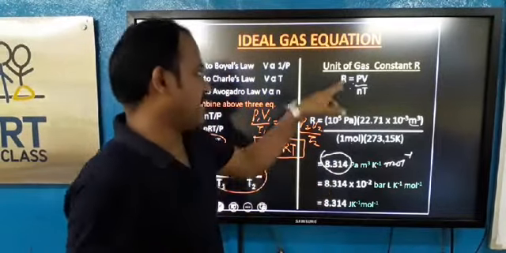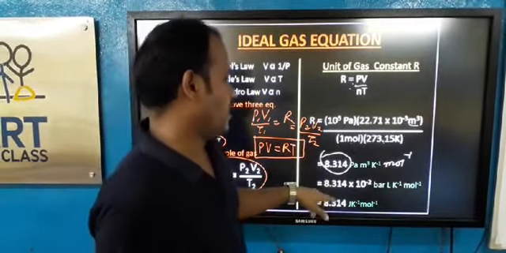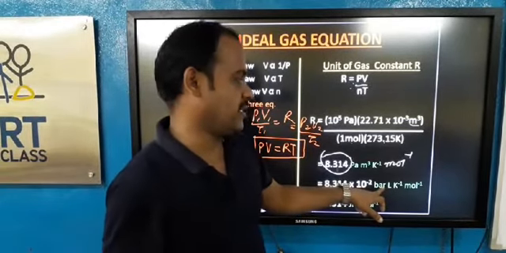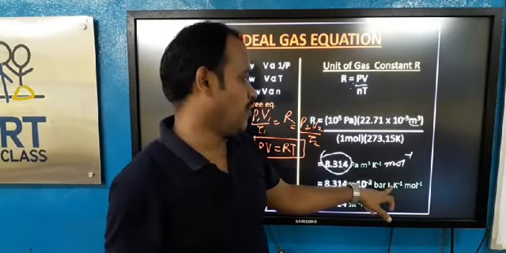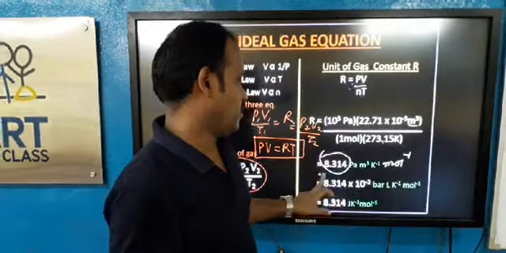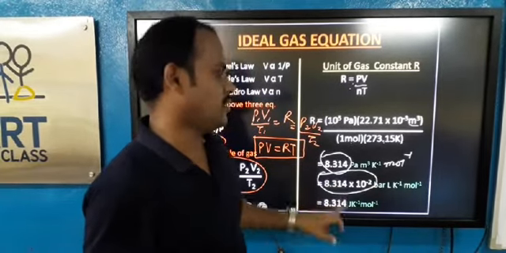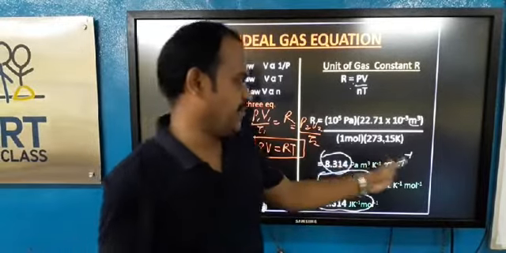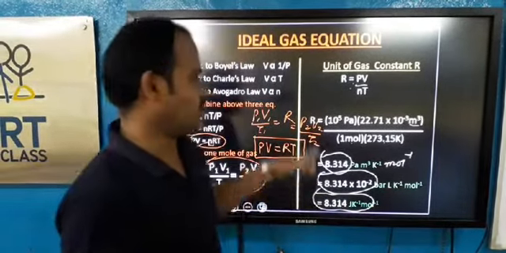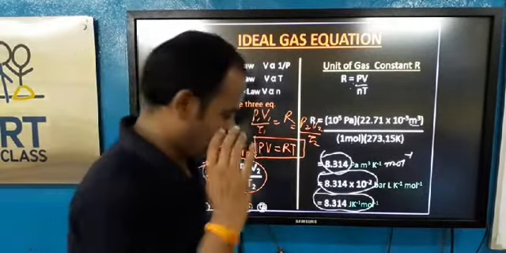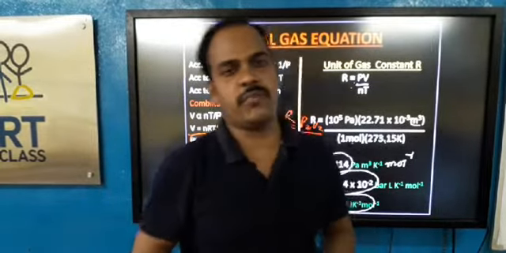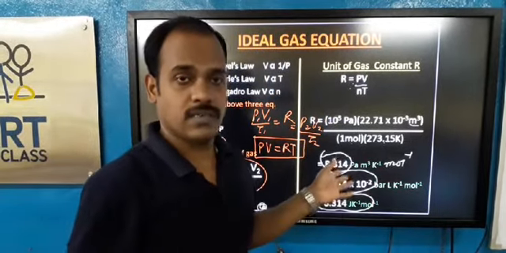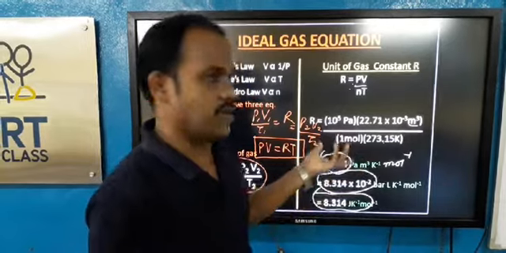If you take different values, pressure in terms of bar and volume in terms of liter, then the value of the gas constant will be different, and this is the third value. So in different units, the value of the gas constant is also different. Now the problem is which value we have to remember, because it is critical and it will obviously confuse in an exam.